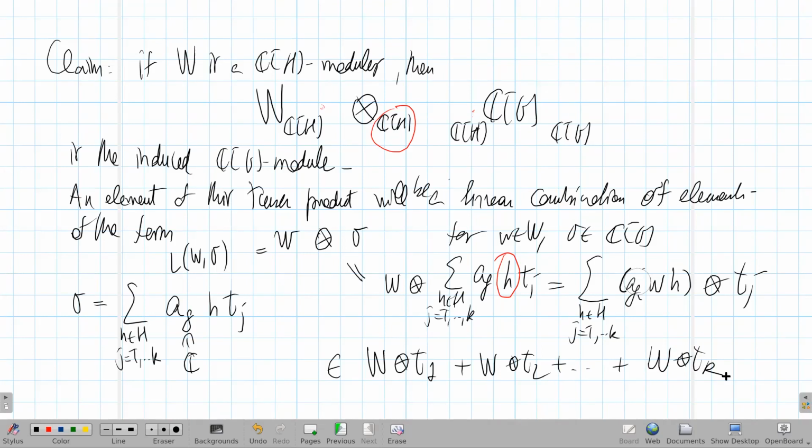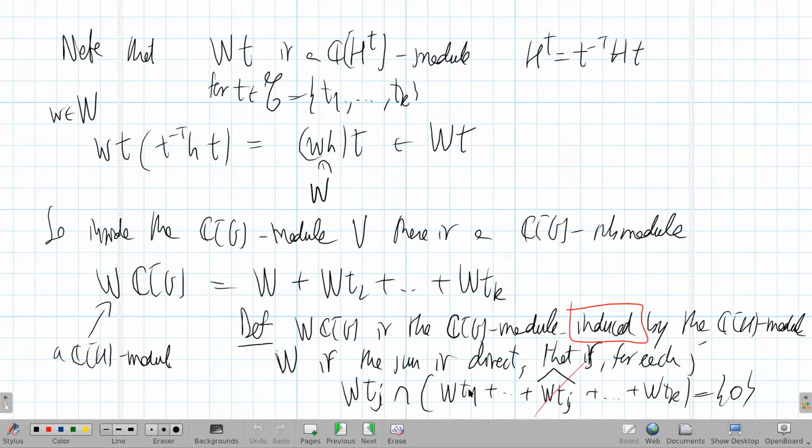It's more or less what we were doing before in the CG module V, but this time we are doing it inside this tensor product. Claim: this sum is direct. And so this means that this is the induced CG module, because let's get back.